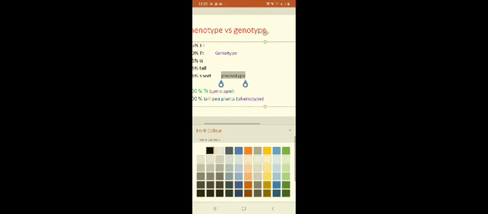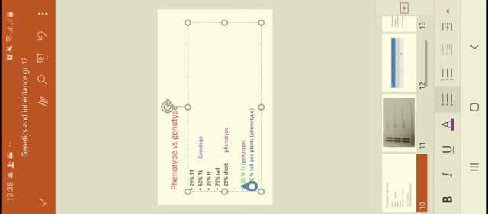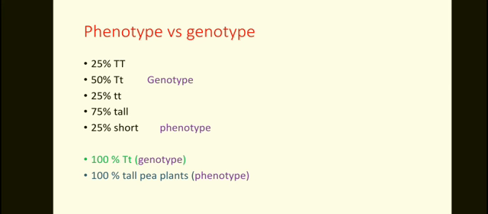So that's it. Here you've got 25, 50, and 25 for genotype, and phenotype now should be separated: 75% tall and 25% short plants.